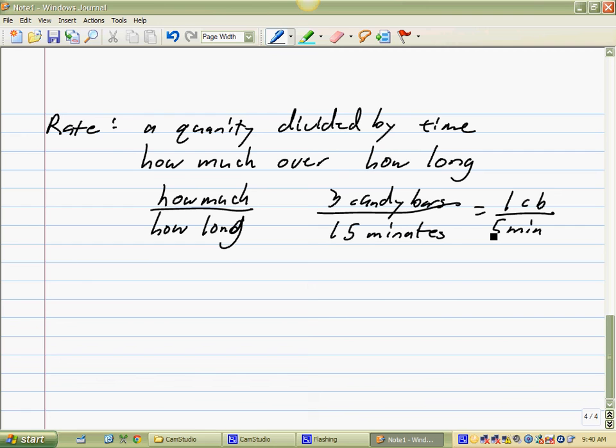That's the rate at which I ate the candy bar, so we can simplify it. And speed, we've said, is the rate of distance traveled, which means that it becomes speed equals distance divided by time.